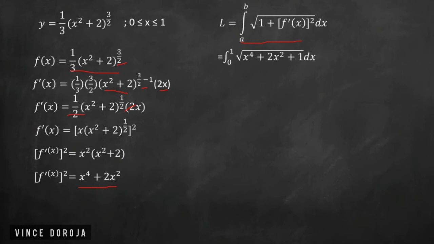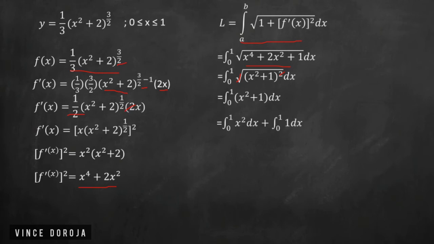Gagawin natin is papactor out natin itong x to the 4th plus 2x squared plus 1. Magiging x squared plus 1 squared. Next is cancel na itong square root dahil dito may 2, may invisible 2 dito. Pwede magiging integral of x squared plus 1 dx evaluated from 0 to 1.